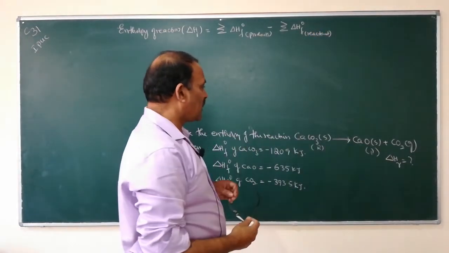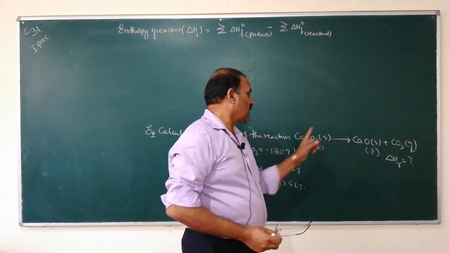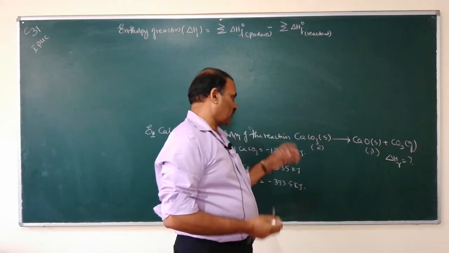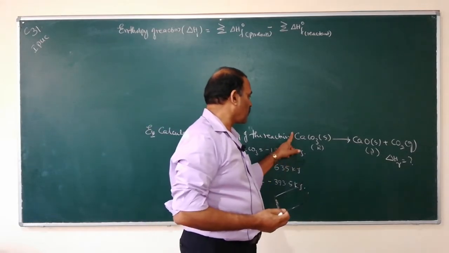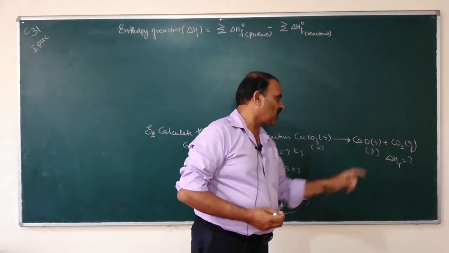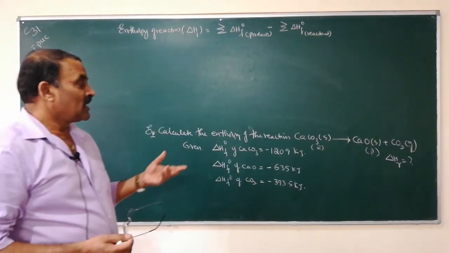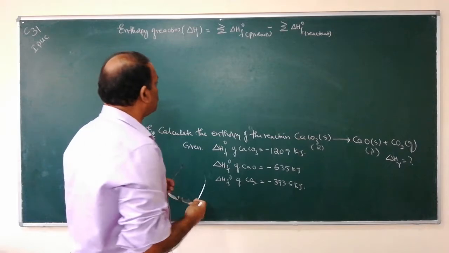If there are coefficients, they should be multiplied by the heat term. Here there is only one coefficient in all of these, but if there are 2, 3, 4 like that, it should be multiplied.